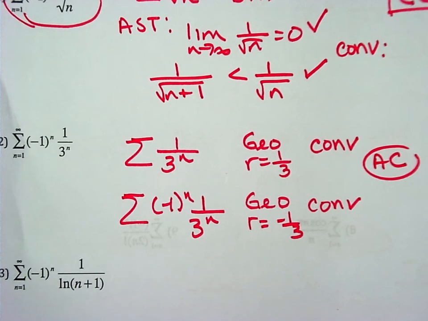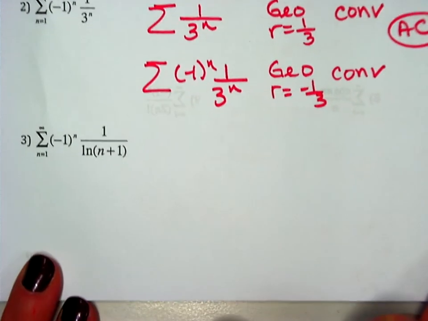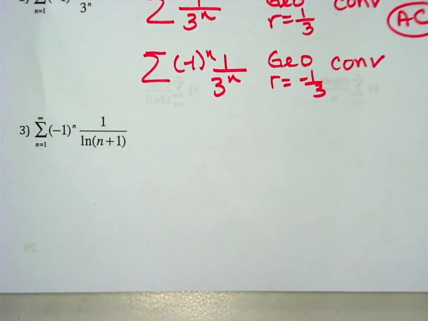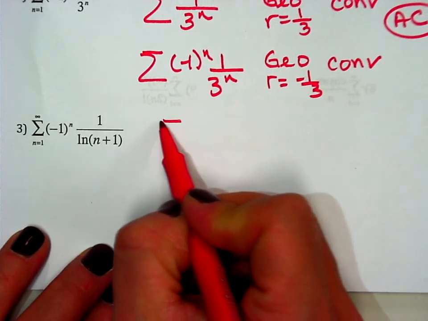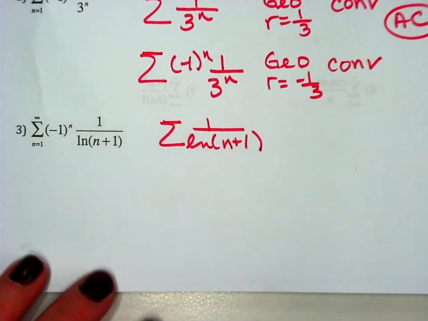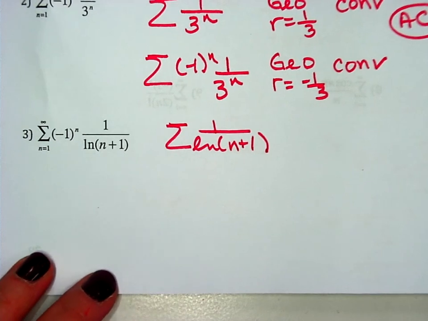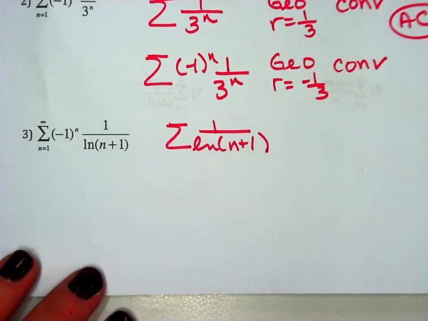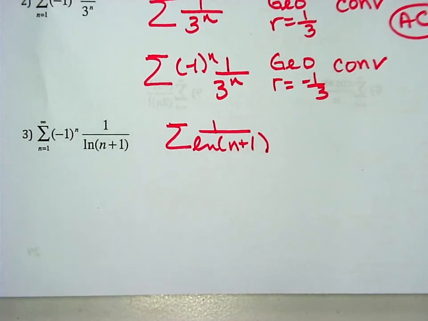Okay, last one. If you want to try this on your own, pause it and then come back. Let's check the absolute value piece first. I don't recognize this as something right away that I can do. I can go ahead and do a couple different things. You can do some type of comparison if you want.